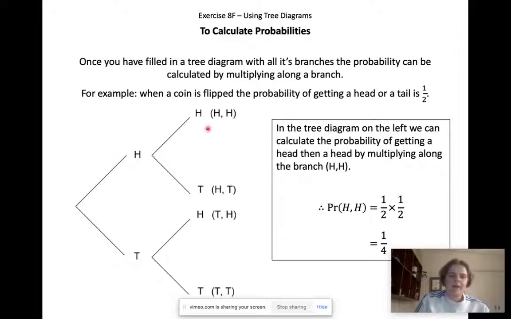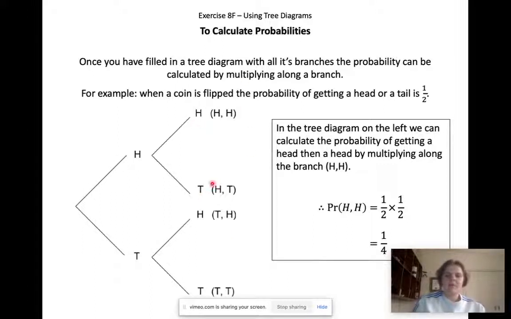Then we branch off again, and these options represent the second flip. And then we follow along. If we go heads first and then heads, then we've got two heads. But if we get heads first, we can also get tails. So that means heads and tails. So here's our list of all the different options.